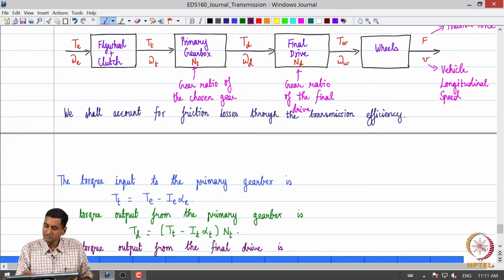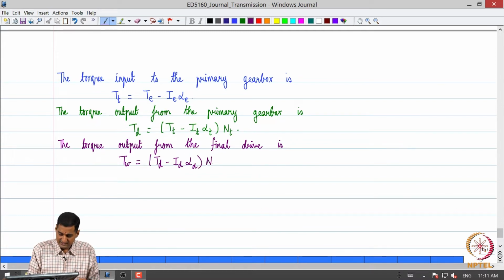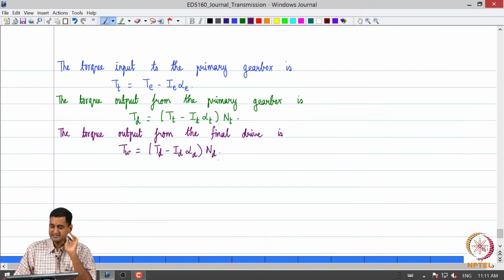That is going to be the input torque minus the inertia multiplied by the corresponding gear ratio, ND. So, that is going to be T subscript D, which is the input, minus ID alpha D times ND. So, this is what is coming out of the final drive.